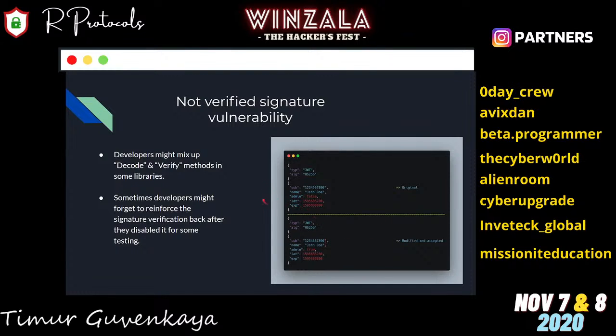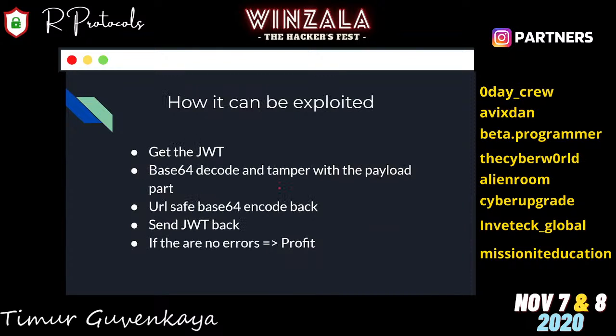That's all. Also, sometimes developers might have disabled verification to do quick debugging or some testing, and they forgot to reintroduce it. That might be a reason also. And how can it be exploited? Basically, get the JWT, decode it and tamper with the payload. Depending on your token, the part of the payload you might want to tamper with is different.